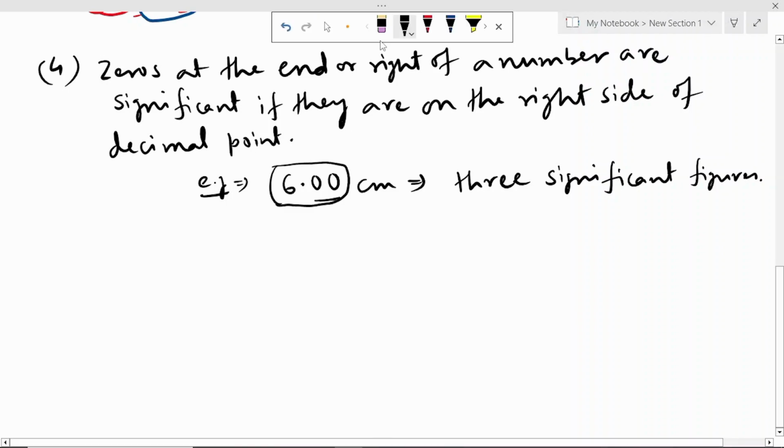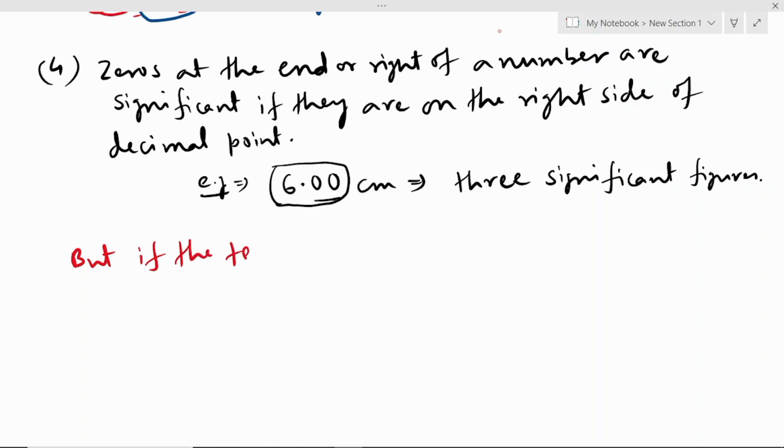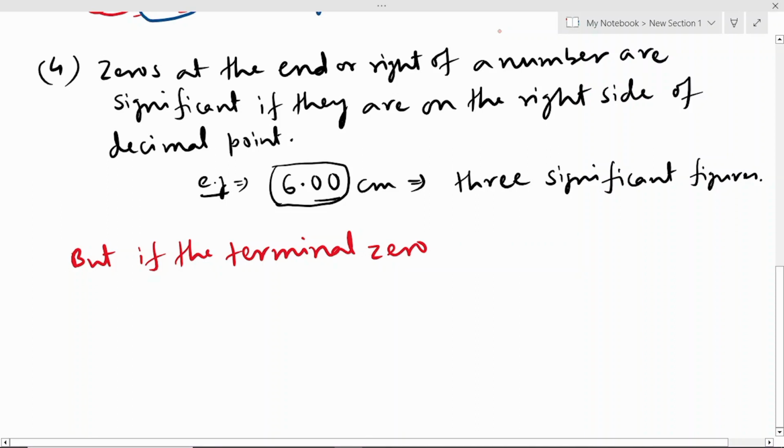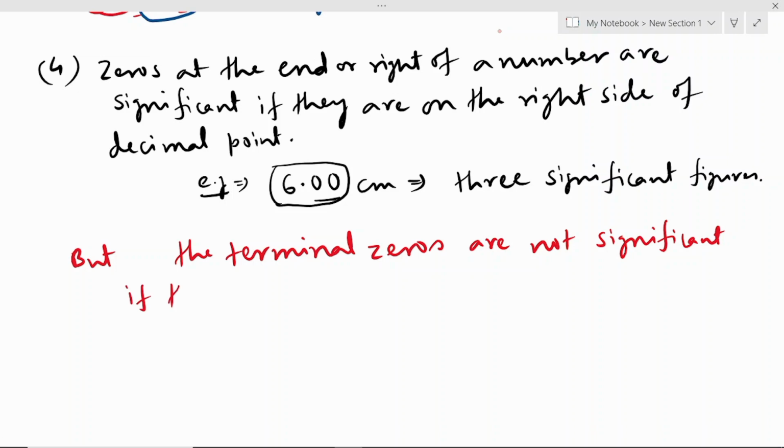But the terminal zeros are not significant if there is no decimal point.